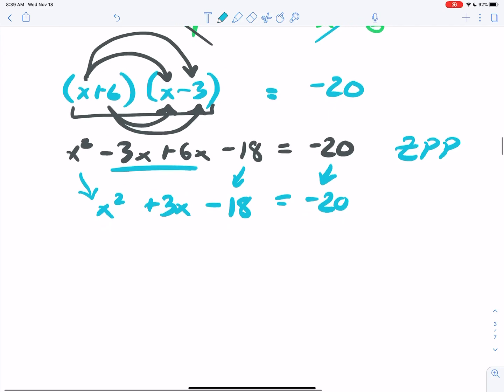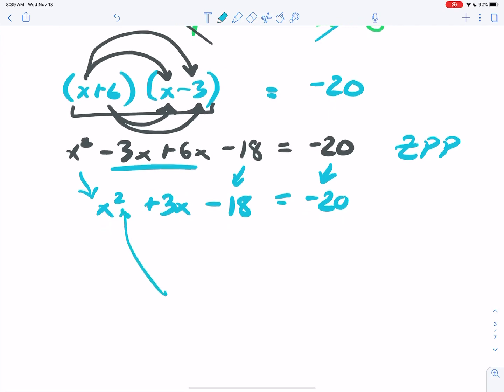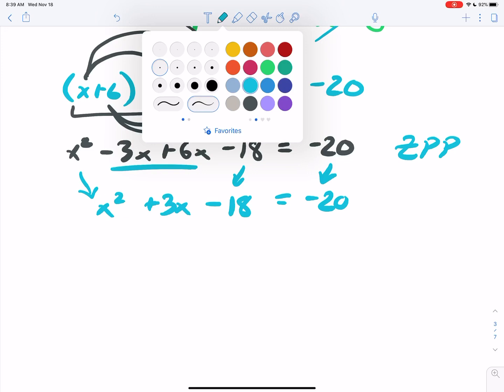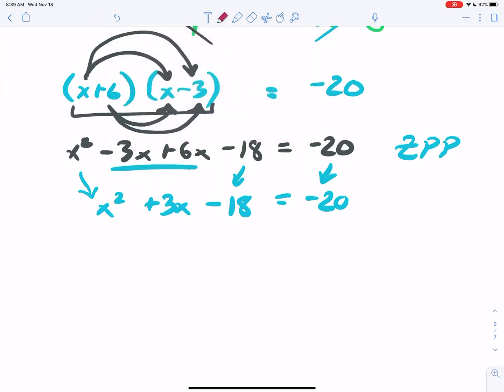Okay, I have a quadratic equation because of the little square here. Okay, so to set it up for the zero product property, let's get my 0 first. What do I have to do to make a 0, right? So I have to move the -20 over. How do I do that? I'm going to have to do the opposite, which is add 20.